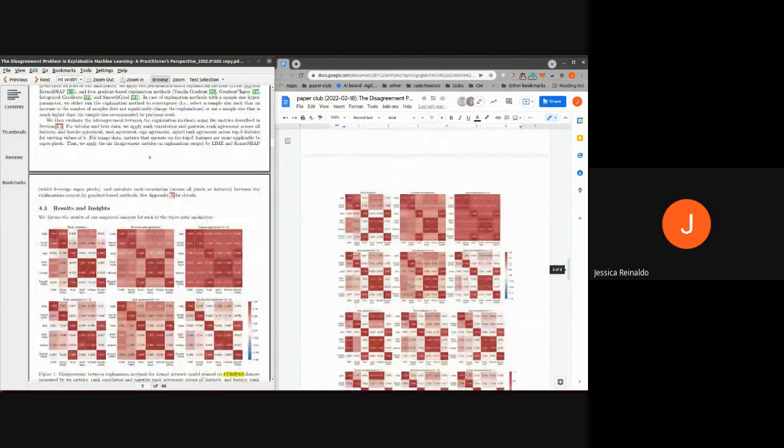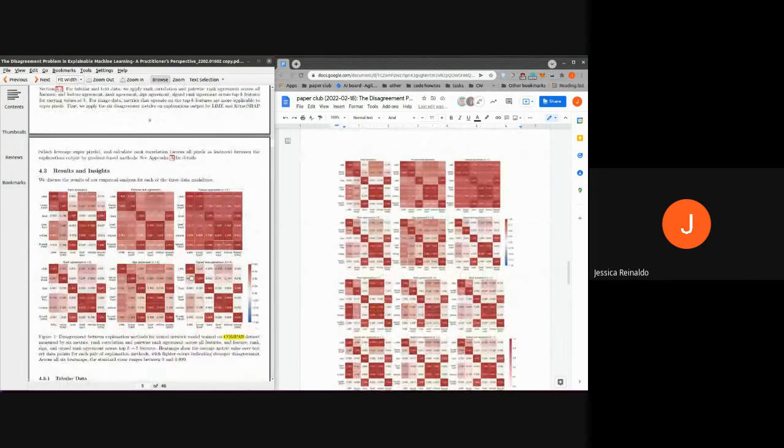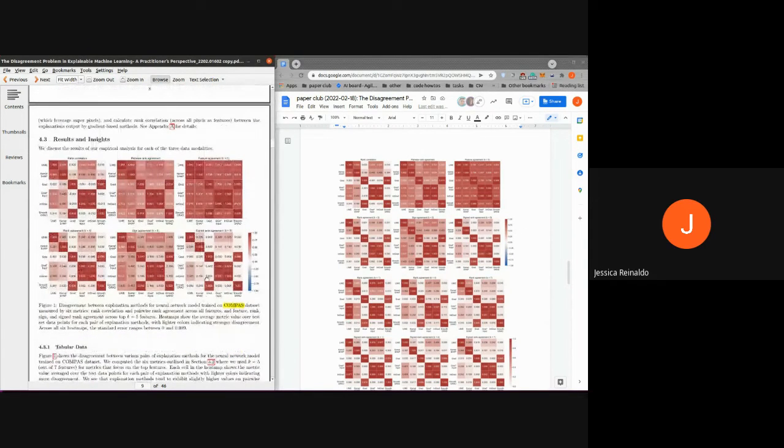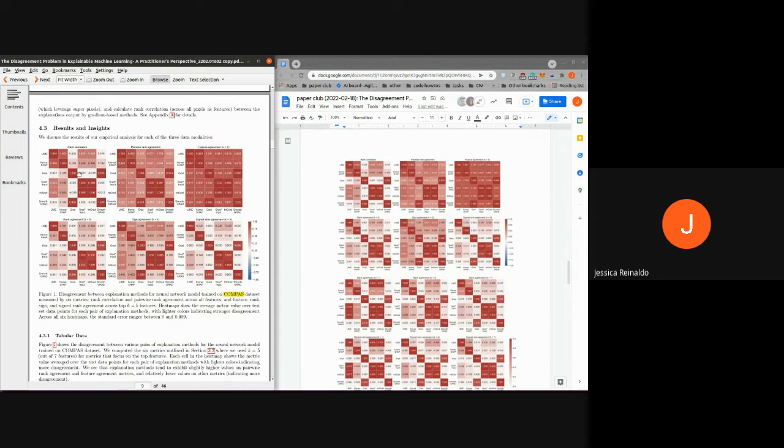So here, I don't know if you can see it clearly, are the first results for the COMPAS dataset. In the appendix, you can see all the results for all datasets and all models. There are some interesting insights there, but this is for the COMPAS dataset.